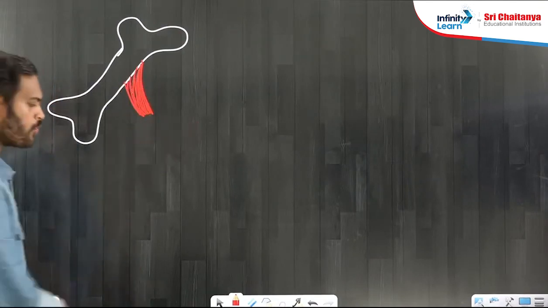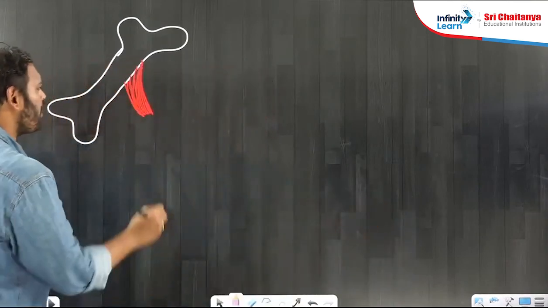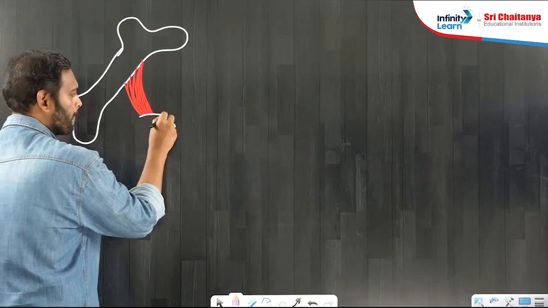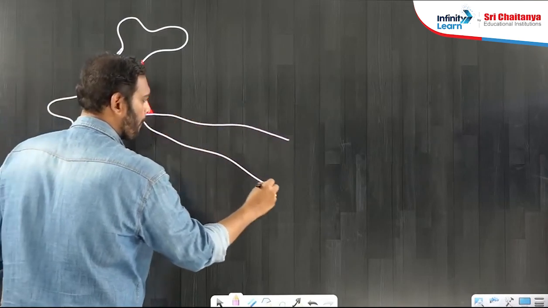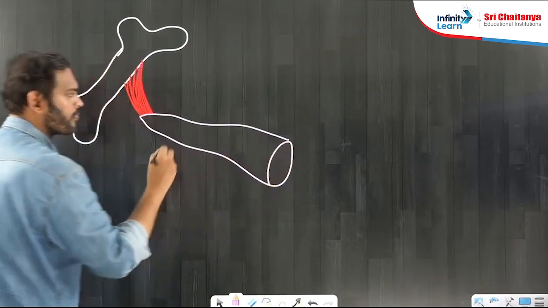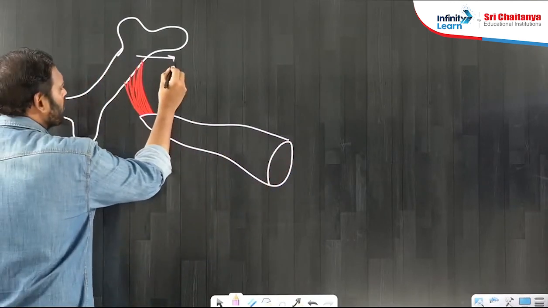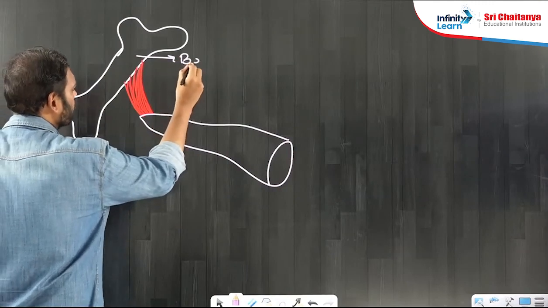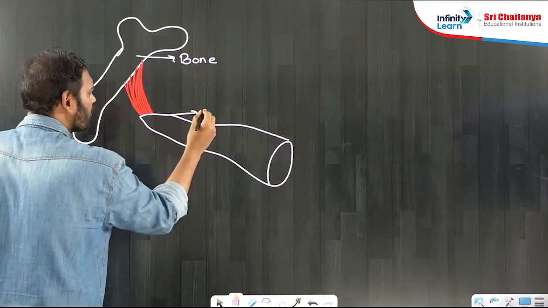And to this tissue, you can see attachment of a muscle. Now the question was, what is this organ? This is a bone. What was this organ? It's a muscle.